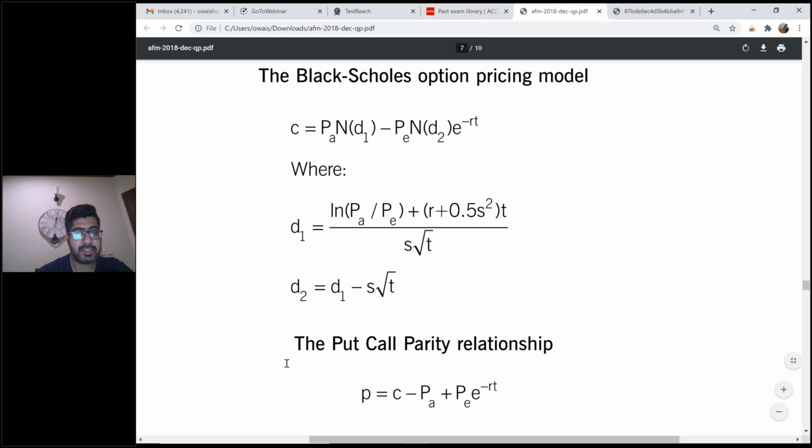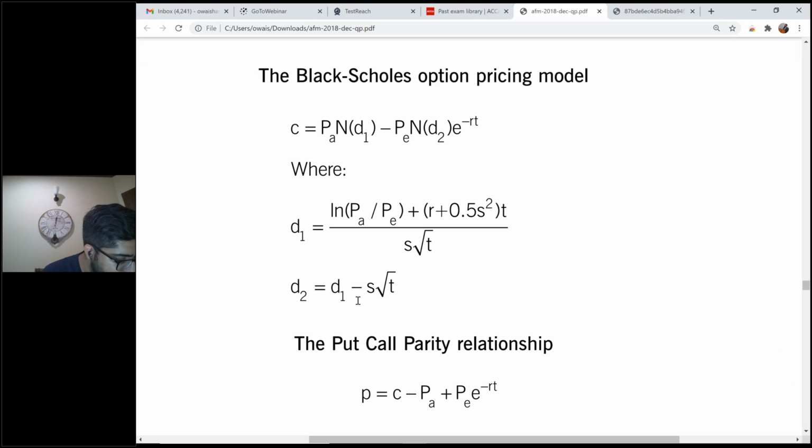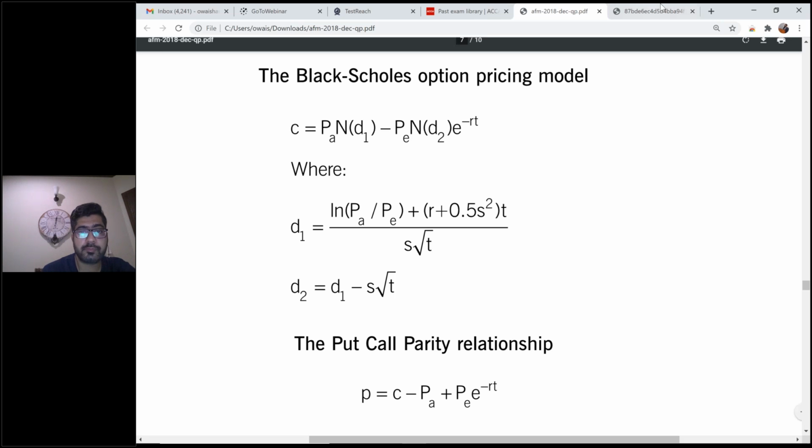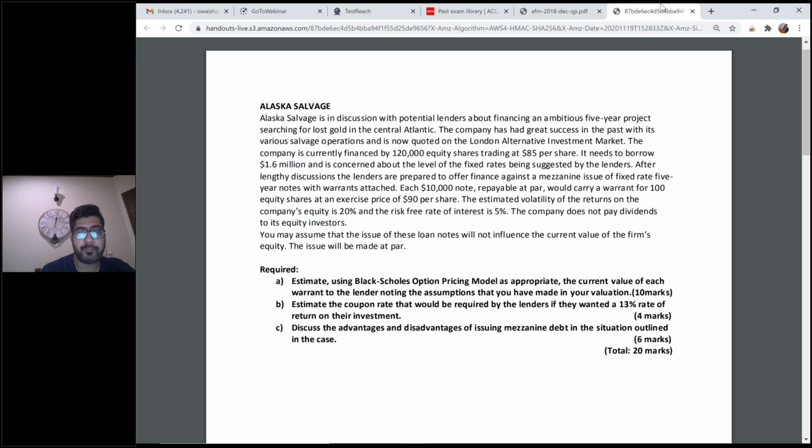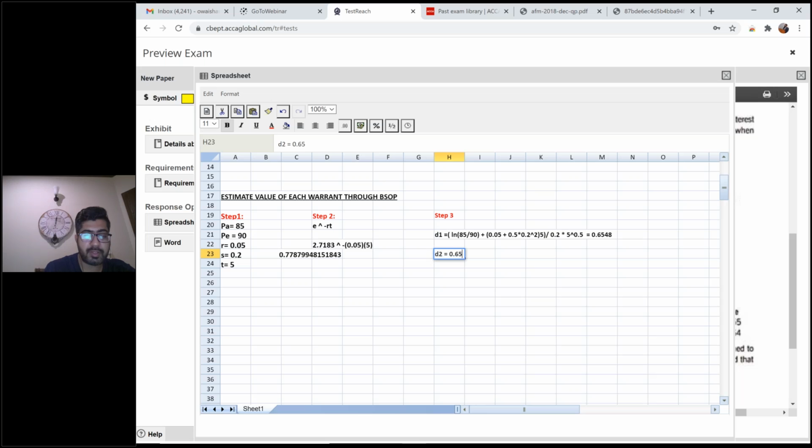The formula of D2 is easy, D1 minus S root T. So D1 is 0.6548 minus S. S is 0.2, multiplied by root T. So T is 5, and to make it root, power 0.5.